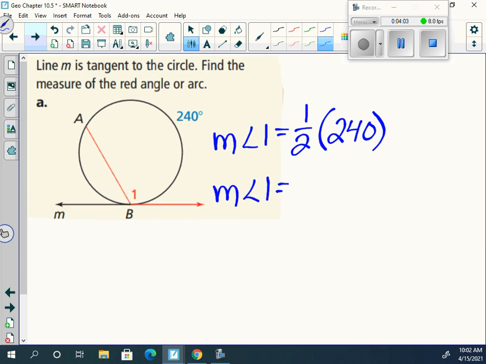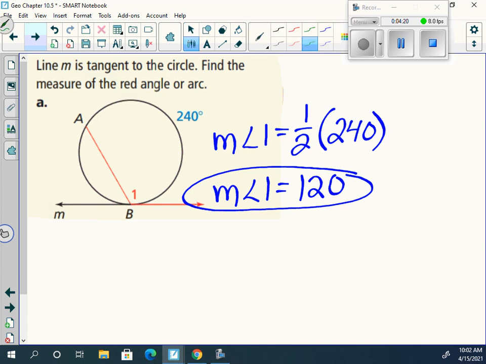So we can do 1/2 times 240, or 240 divided by 2 in the calculator, and we would get 120 degrees. Any questions on any of this here?